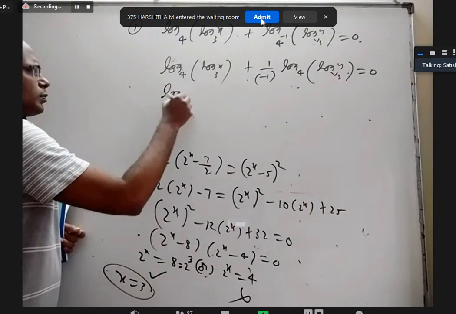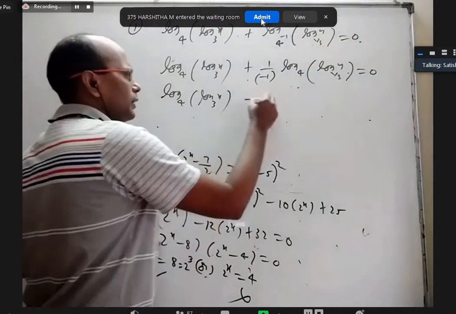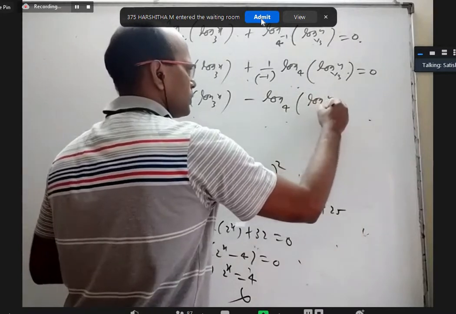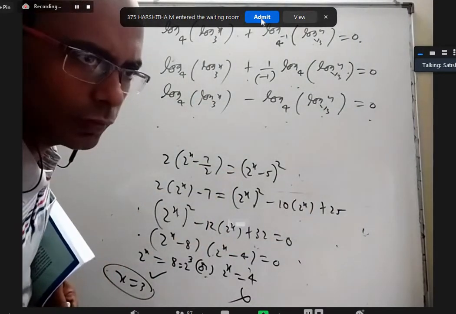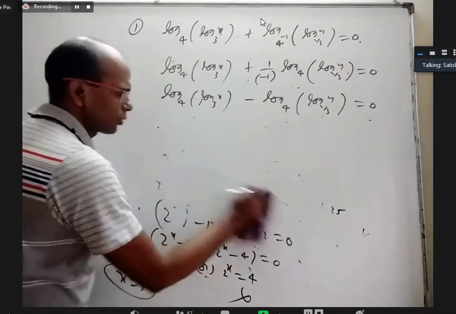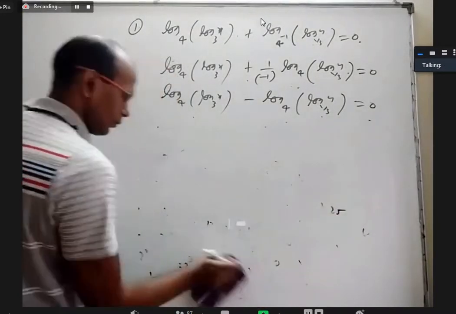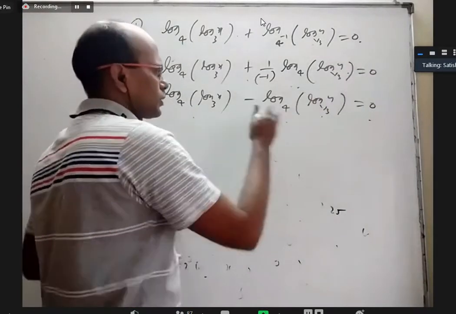This is log base 4 log x base 3 minus log base 4 log y base 1 by 3. I can combine two logs only when both have the same base. I can even send this to the other side and say equal.